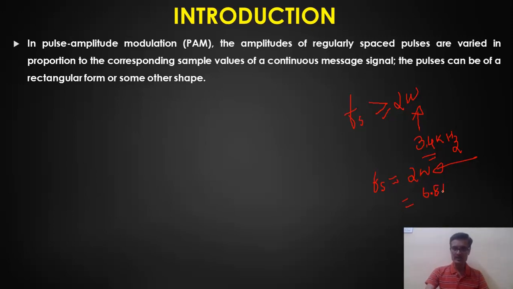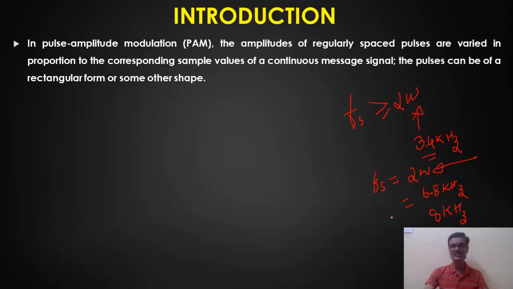It is 6.8 kilohertz. But practically, we take a sampling frequency more than that due to certain reasons. So Fs equal to 6.8 kilohertz is the minimum sampling frequency, but practically the standard frequency selected in pulse code modulation is 8 kilohertz for a voice band.